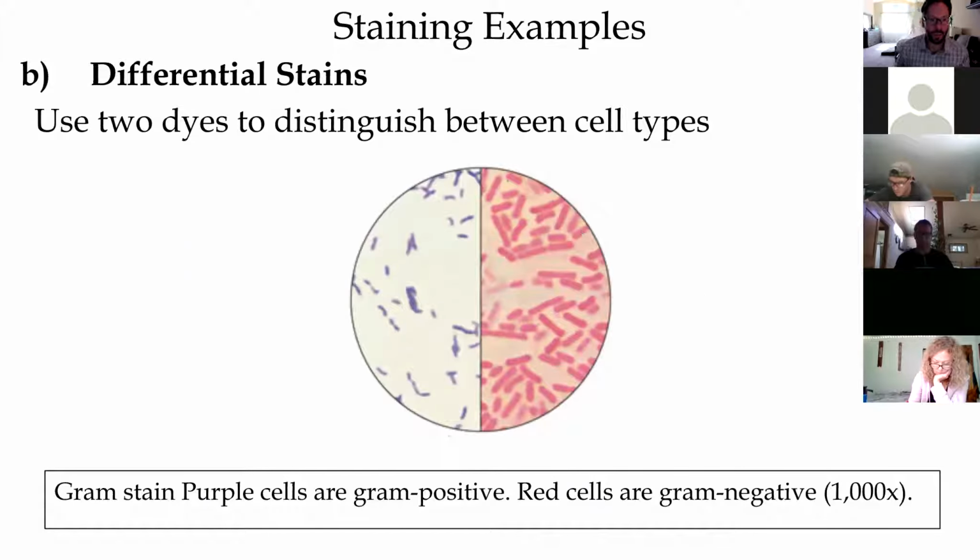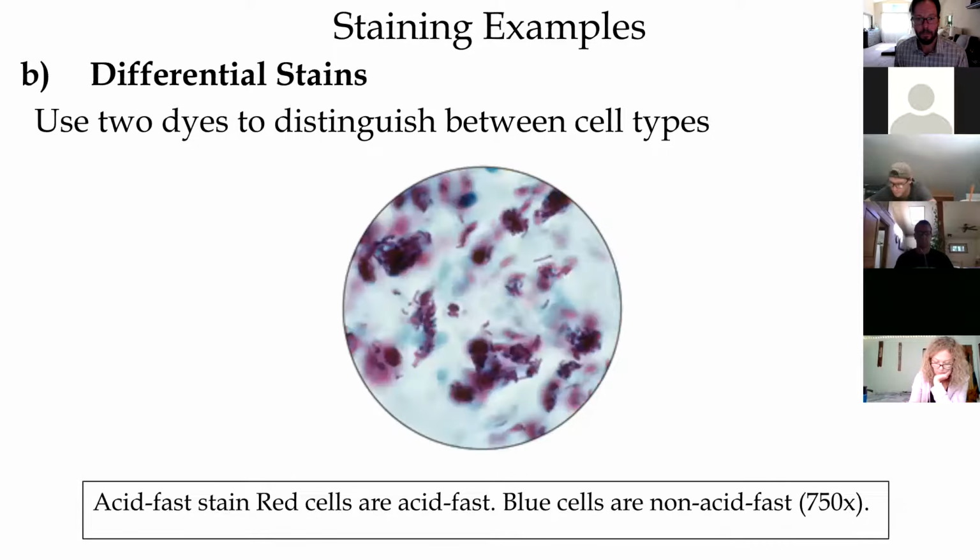And we talked about differential stains. Gram stain is by far the most common stain. And there will be a Labster simulation, I believe, where you do a gram stain and it shows you how to do that. There's the acid-fast stain. Again, if it stains one color or another, that tells us about the biology of the bacteria.